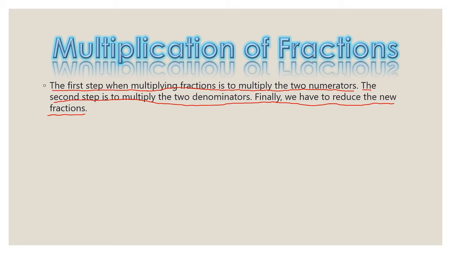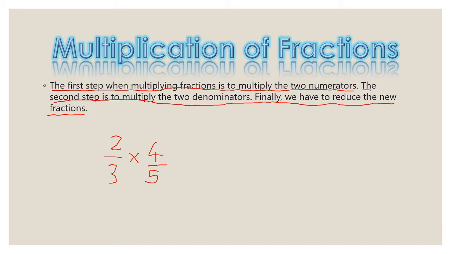Now let's understand this better with an example. For example, we have to multiply two fractions. Suppose they are 2 upon 3 multiplied by, suppose I take 4 upon 5.